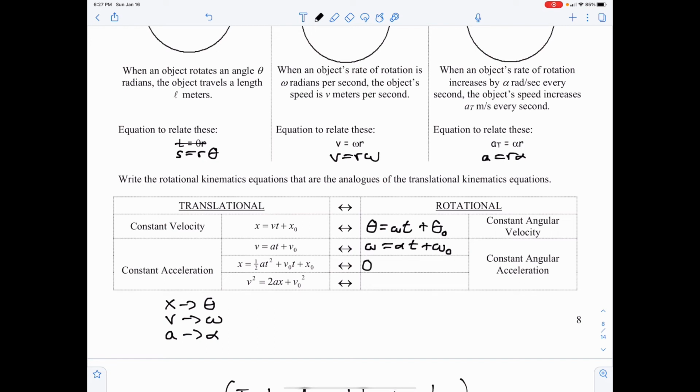Well, that would be theta equals 1/2 alpha t squared plus omega naught t plus theta naught. Last equation says v squared equals 2ax plus v naught squared. So we have omega squared equals 2 alpha theta plus omega naught squared.